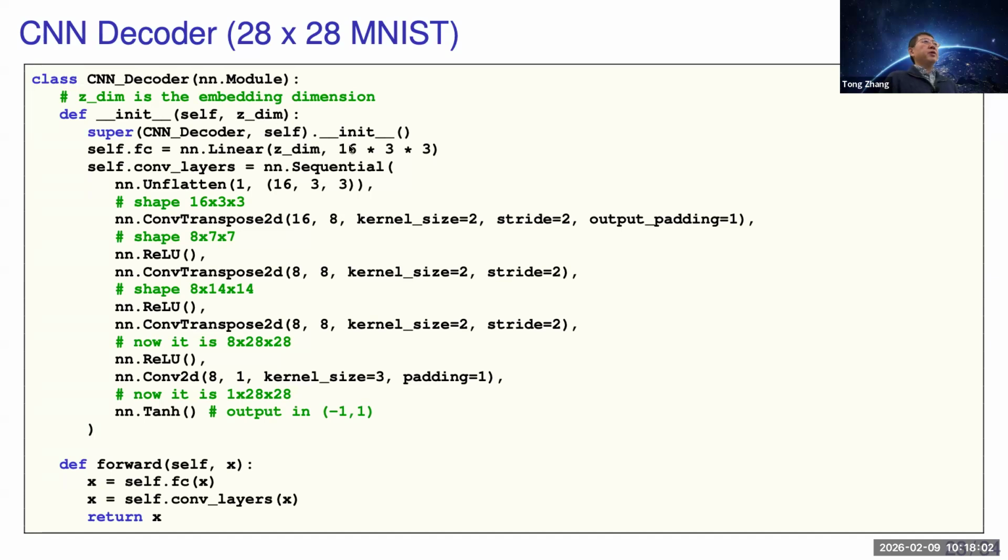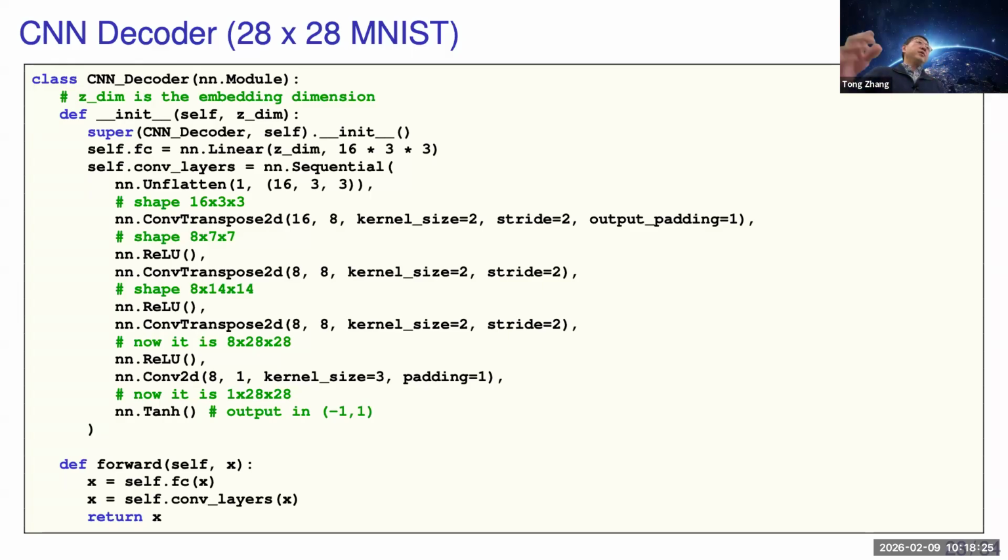Recall that the output before we reduce to the Z dimension is 16 by 3 by 3. So first we enlarge this by a linear layer back to 16 by 3 by 3. This is not an inverse of each other. It's only an inverse in shape. It always goes through the bottleneck.